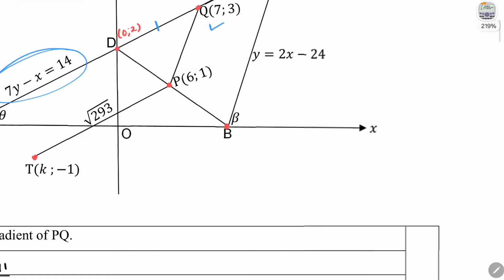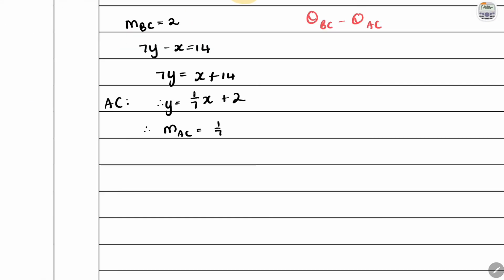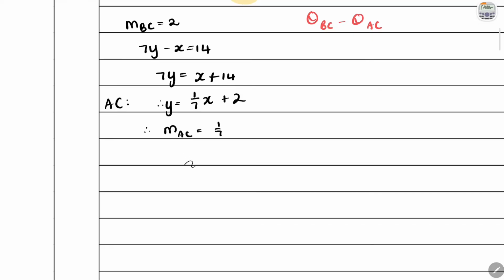Now we just need to remember what that equation should look like. We are saying the angle of inclination of BC, since it creates the bigger angle, minus the angle of inclination of AC. To find the angle of inclination of BC, we'll say tan theta is equal to the gradient of BC, which we can see is 2.